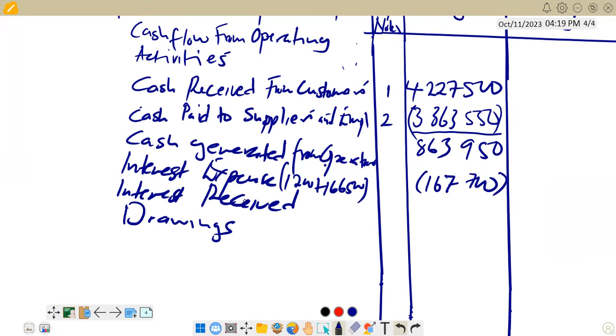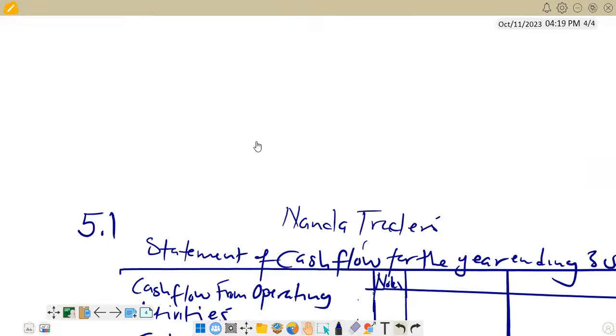Then we go to interest received, which is the one that we now show as a positive. Remember, we calculated this one as interest on fixed deposit.